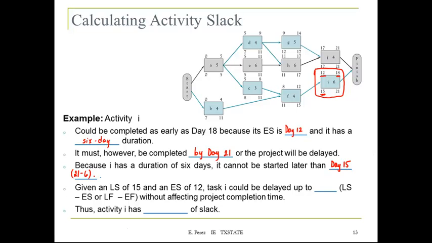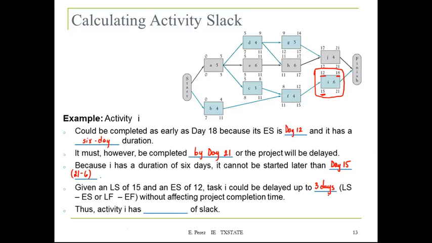So we already mentioned that it is the difference between these two, right? So it's going to be 15 minus 12. So that will be 3 days without affecting the completion of the project.